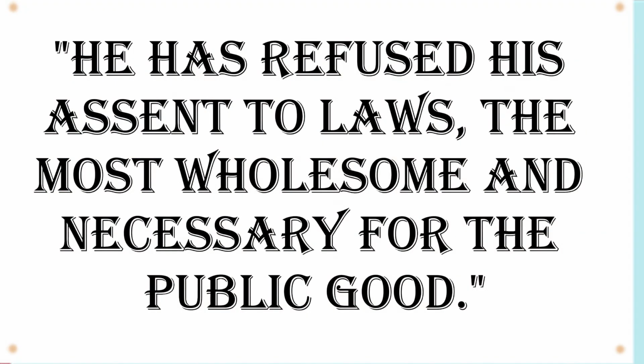He has refused to assent to laws, the most wholesome and necessary for the public good. So the colonial legislatures would pass laws and the king would veto them. An example would be the Massachusetts legislature passed a law that would slow the growth of slavery. Another example would be pardoning the state-backed protesters and compensating for damages.